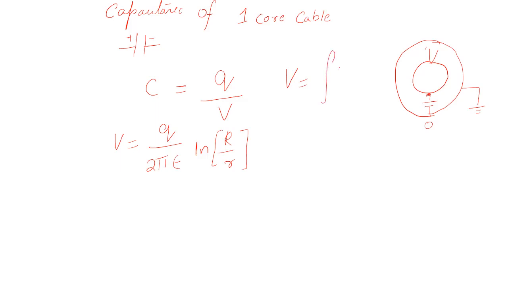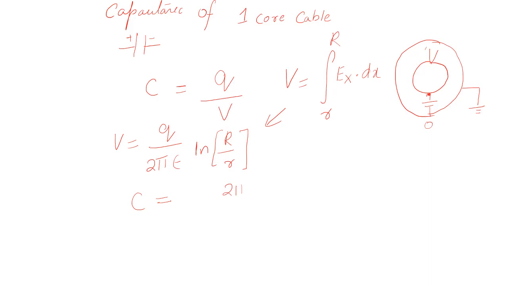V is the integration of E x dx, integrated from r to capital R, and we got this. Now the capacitance C is equal to Q by V.